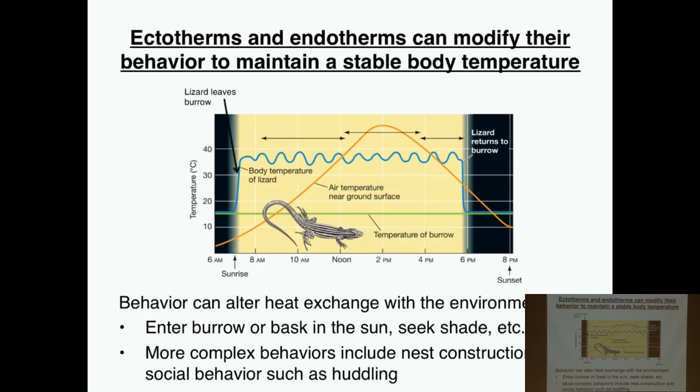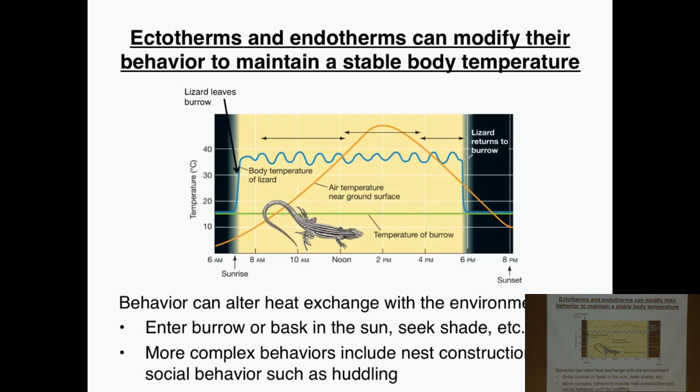So for example, when the sun comes up and the environmental temperature starts to rise, the lizard leaves its burrow. Overnight, the lizard is in its burrow. Green is the temperature of the burrow, and so the lizard's body temperature tracks very closely with the burrow temperature.